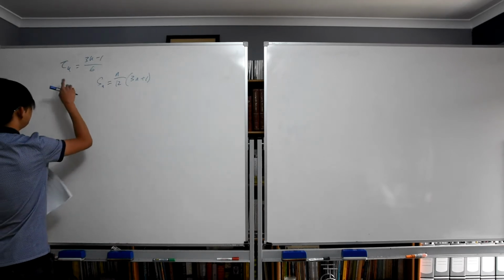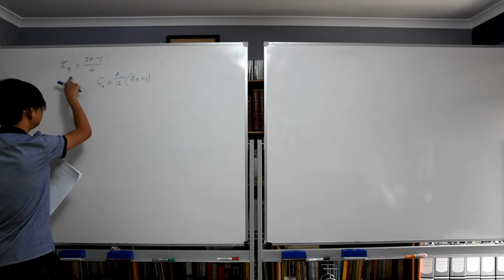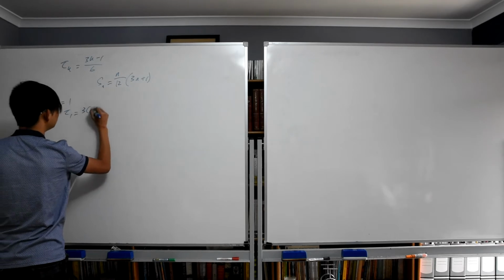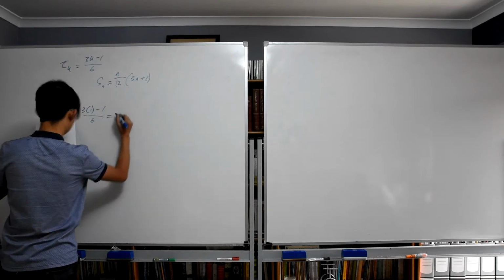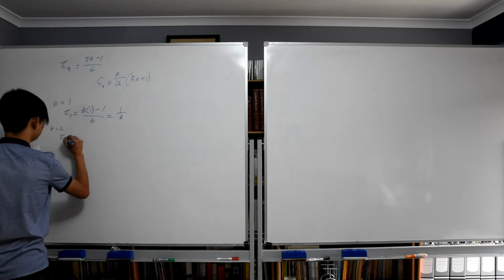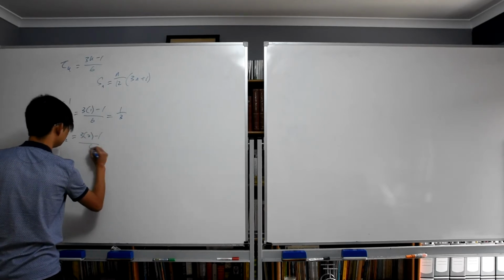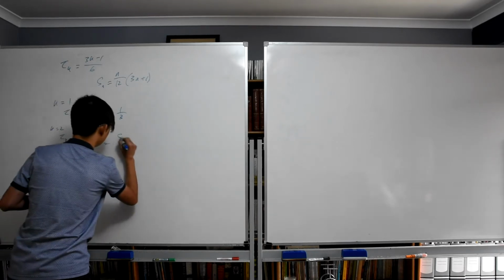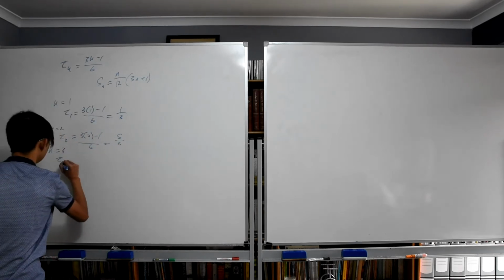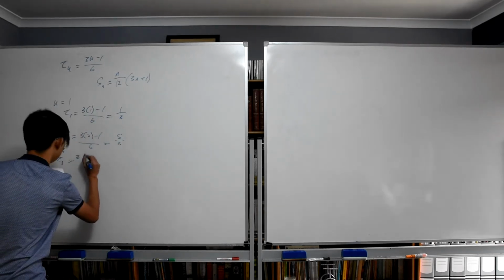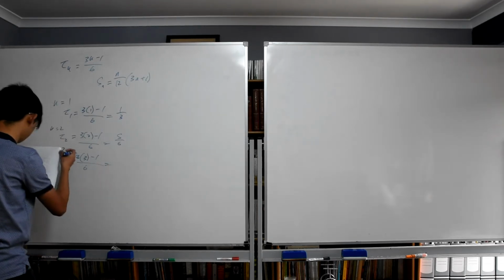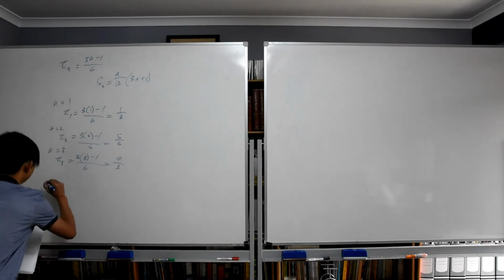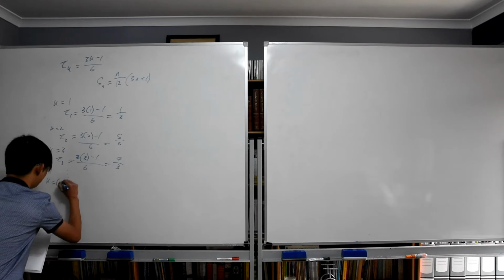Let's write it for k equal to 1, k equal to 2, k equal to 3, and so on. Let's write it for n minus 2.